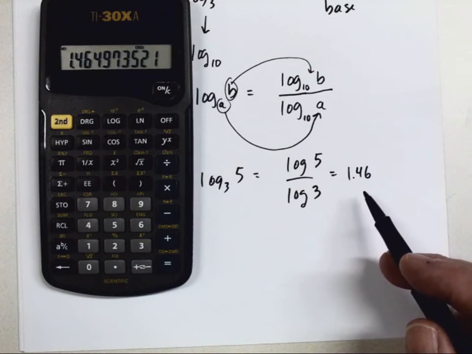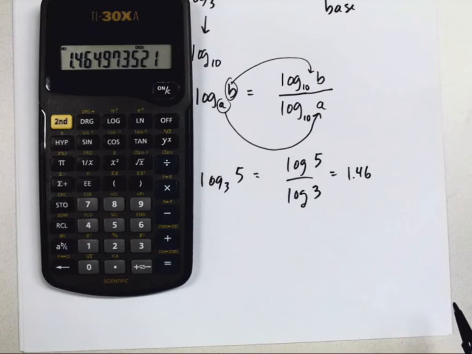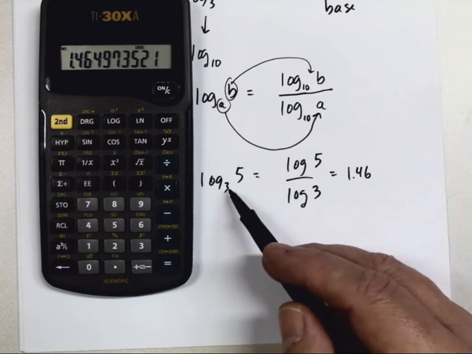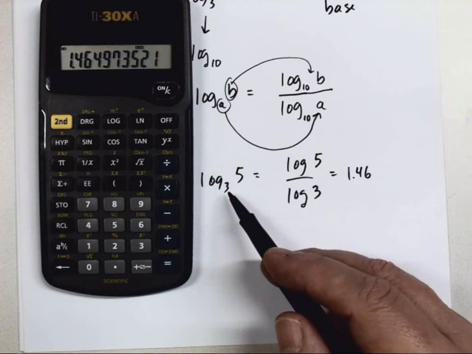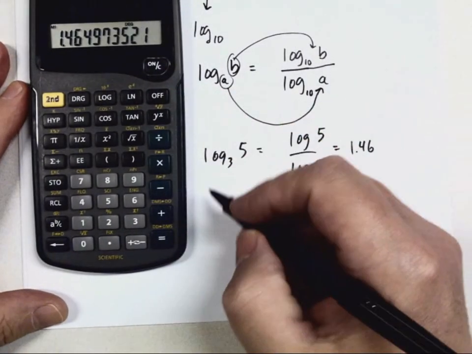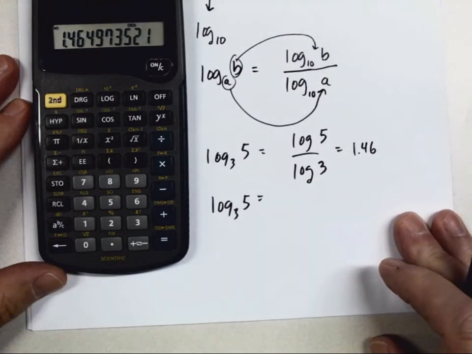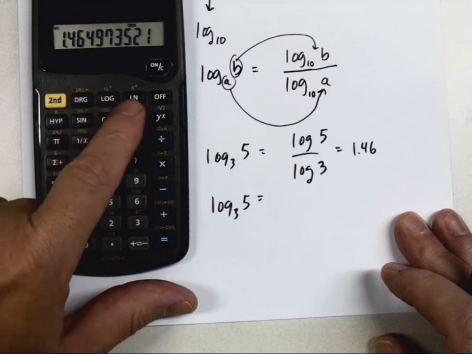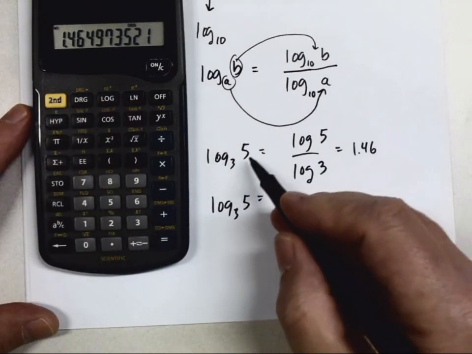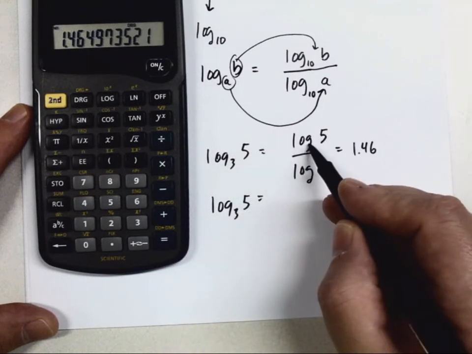So now I can use my calculator to do any kind of log calculation I want to. If I'm given a base that's not base 10 or base e, I can always use the change of base, and the change of base is a pretty simple formula. Just for fun, since my calculator has two log keys, log base 10 and natural log, I chose here, when I changed my base, to go from base 3 to base 10.